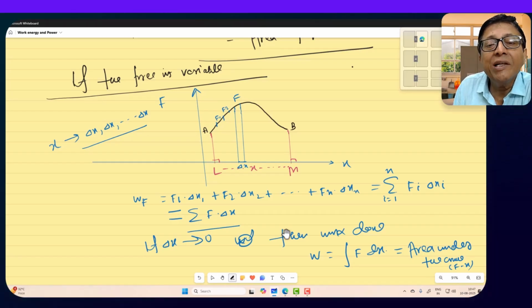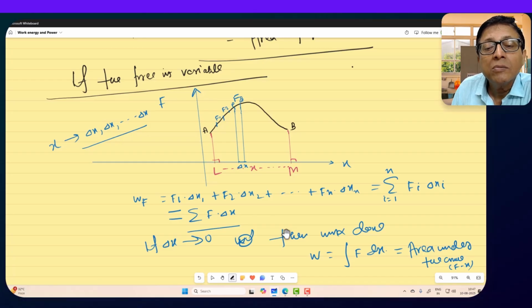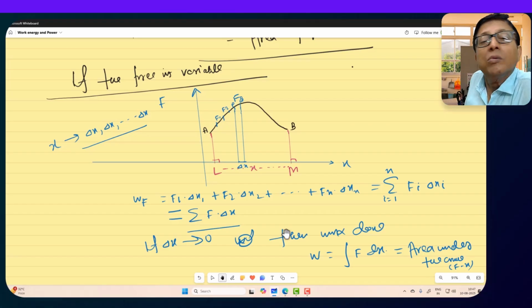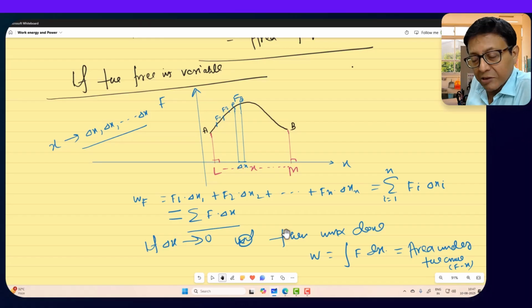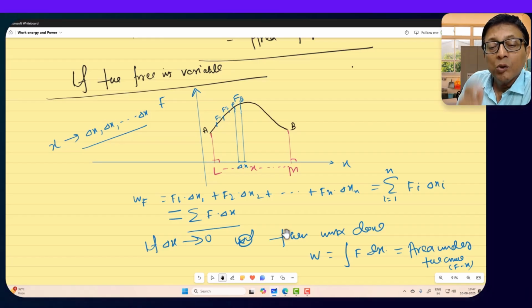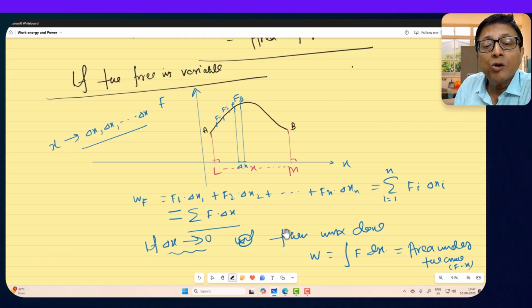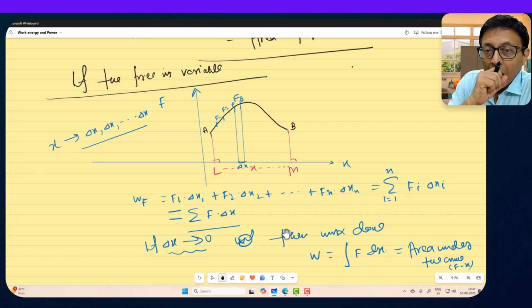In this F into dx, you will say that F you have not mentioned whether at the point P or at the point Q. If delta x is large, there is no problem, then you divide it again into smaller parts. But we have taken delta x tending to 0, which means it is very small.